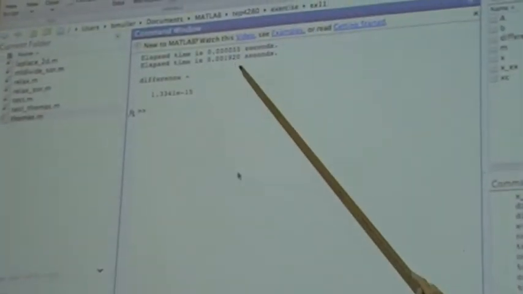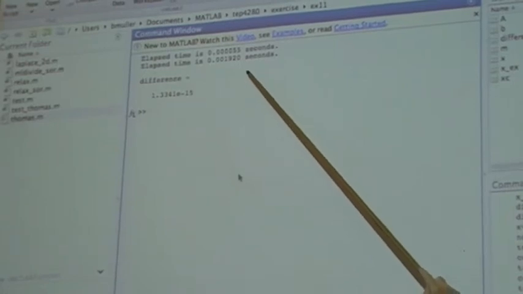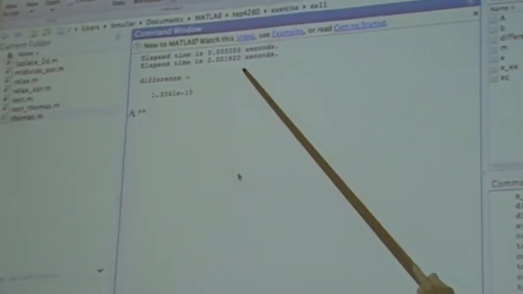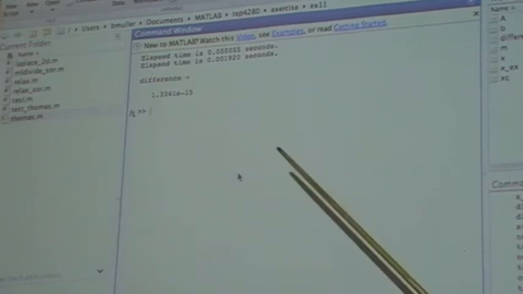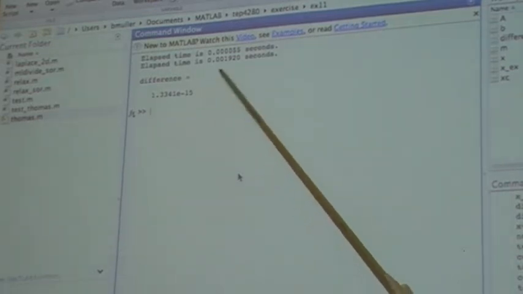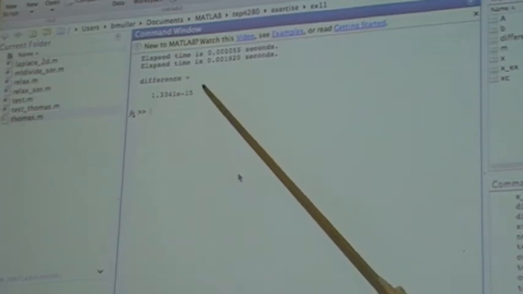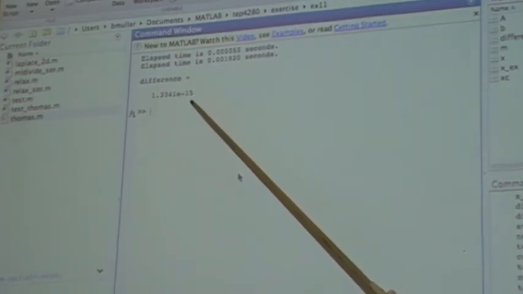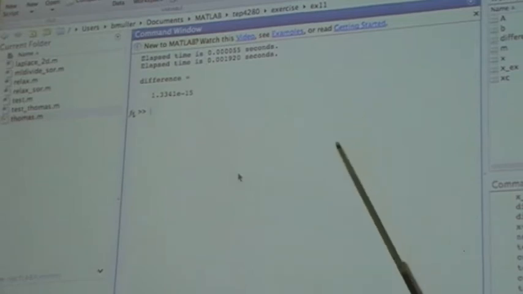We need a little overhead, we need to call, so that's the reason why this is slower. The backslash will use Cholesky decomposition. That is a different one than what we use. And the difference in the solution computed by the backslash and the Thomas is in the order of the machine epsilon.